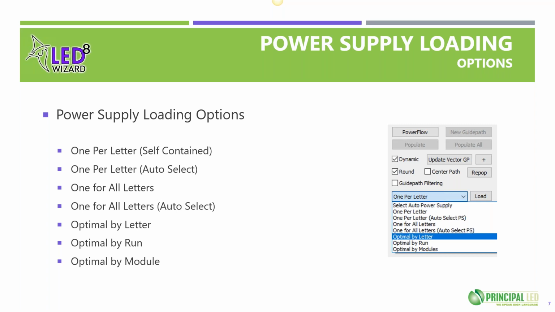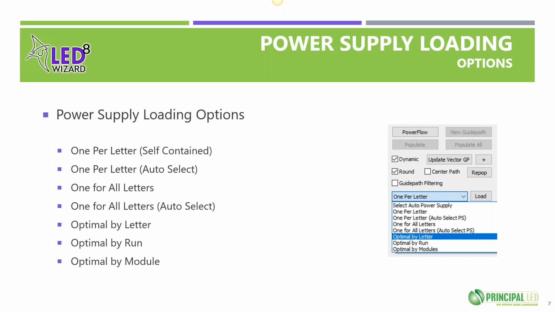Now, optimal by run is an additional level of granularity where an individual run is the unit that's loaded. So with optimal by run, you could have a case where within a single letter you have two drivers on it.